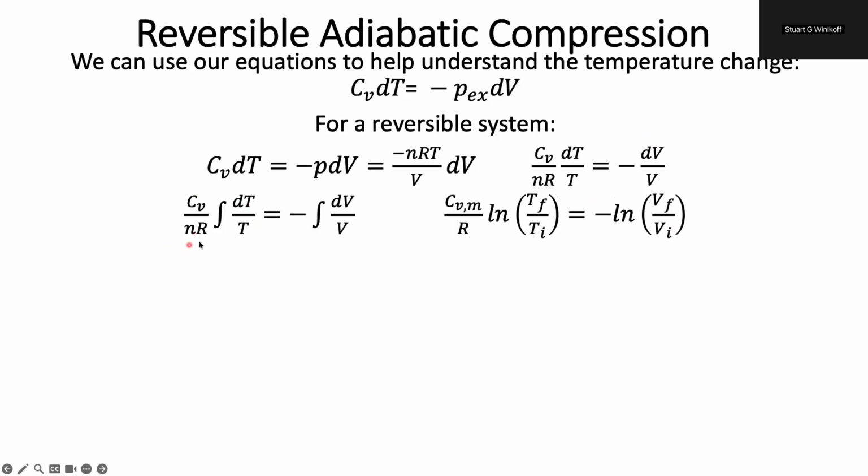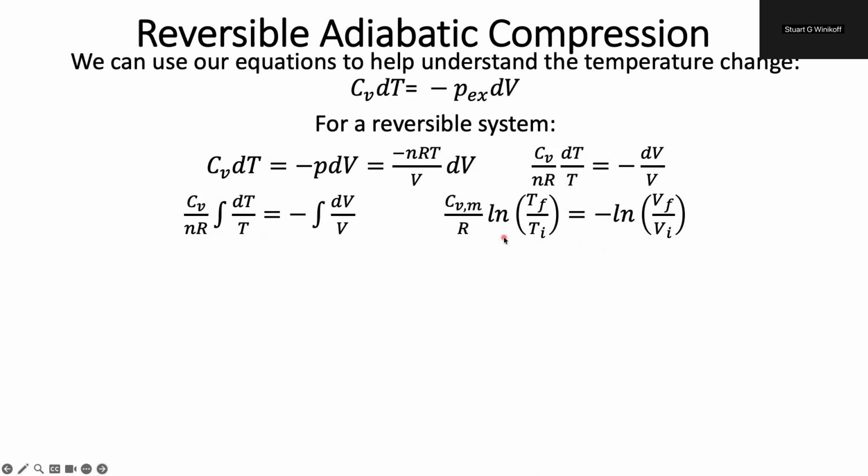Integrating the left, the constants just get pulled outside, and I'm looking at the change in inverse temperature and the change in inverse volume. But when integrating these, we have our good old friends where the change in inverse temperature produces a natural log of final temperature over initial, and same thing with the natural log of the ratio of final and initial volumes.